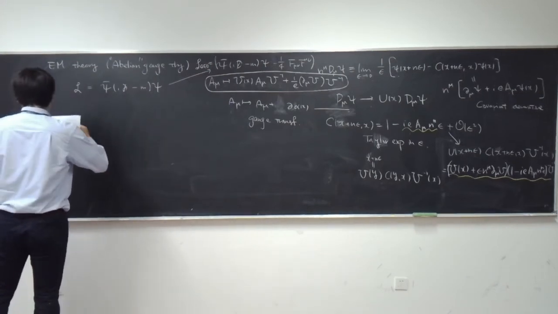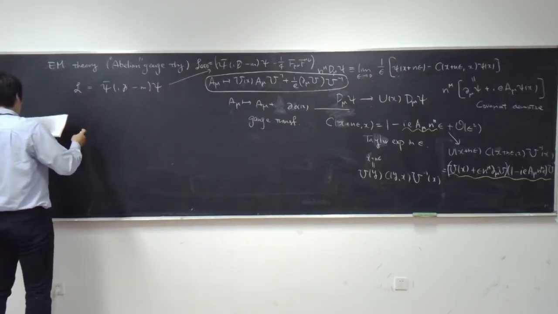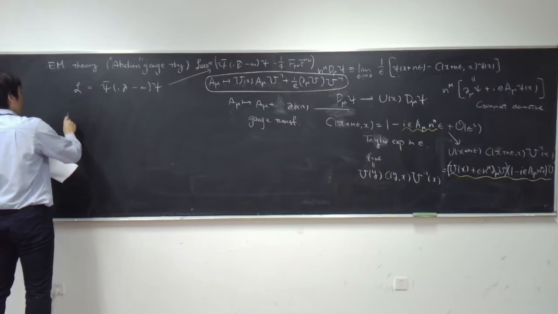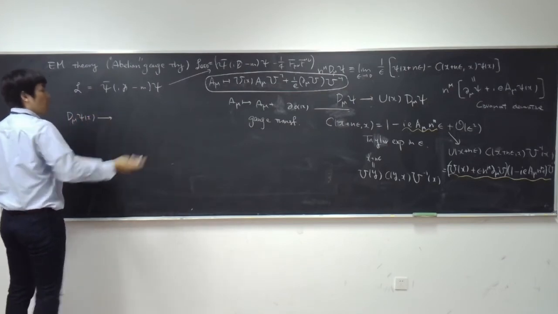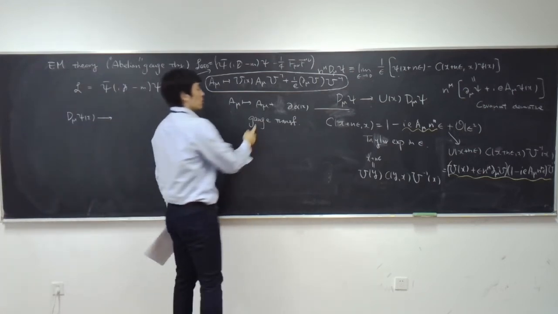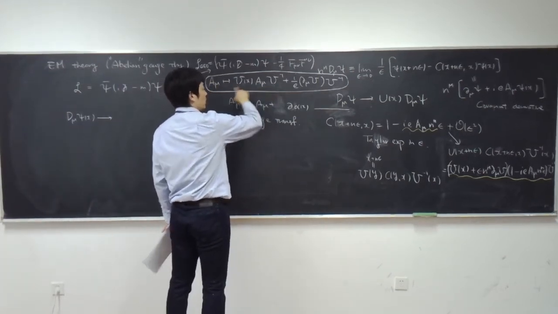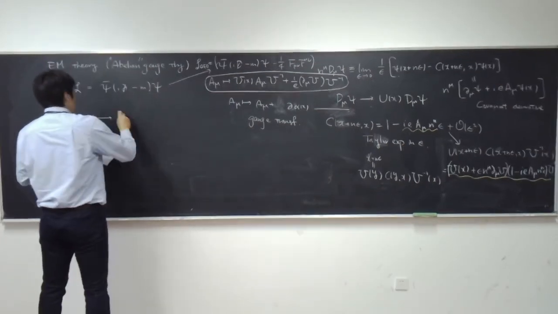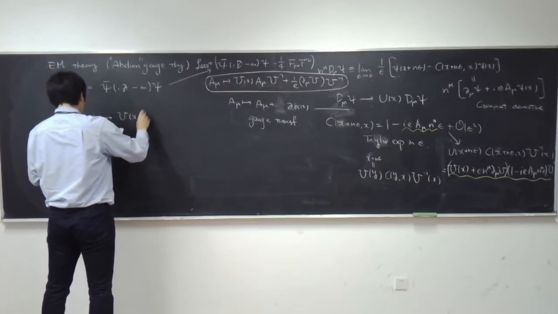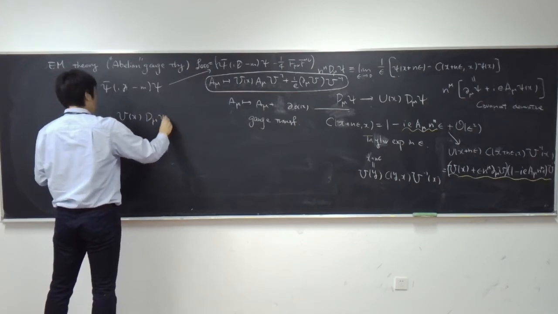So then, as we learned, d mu of psi of x, under this local U1, so this local U1 symmetry is indeed a gauge transformation. A gauge transformation U of x d mu psi of x.